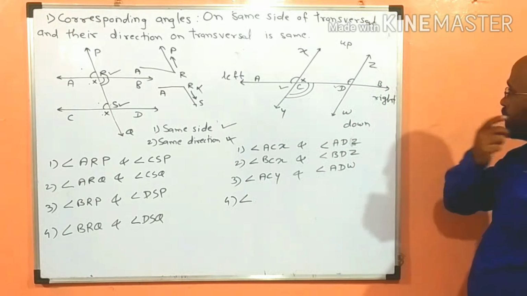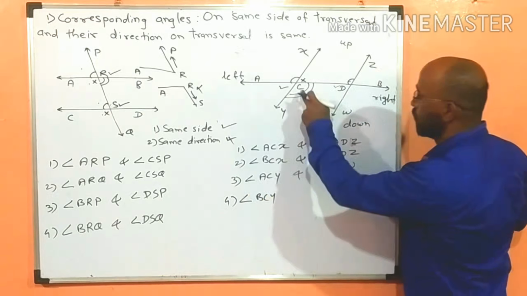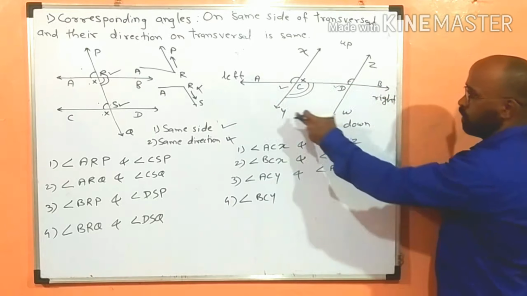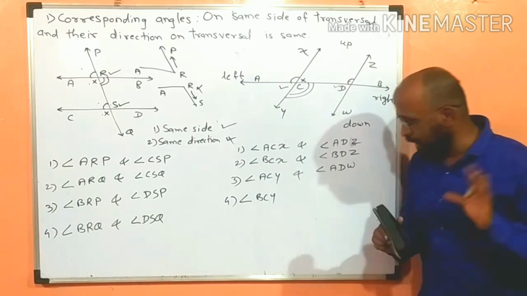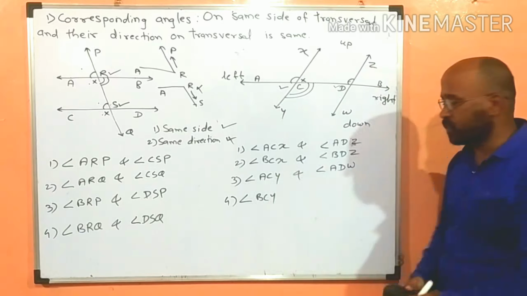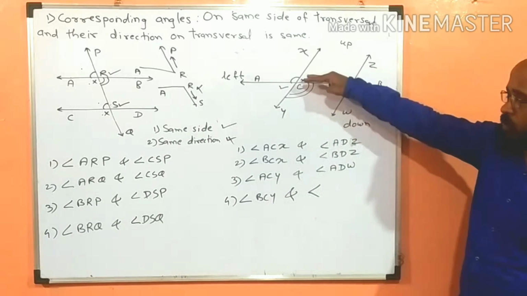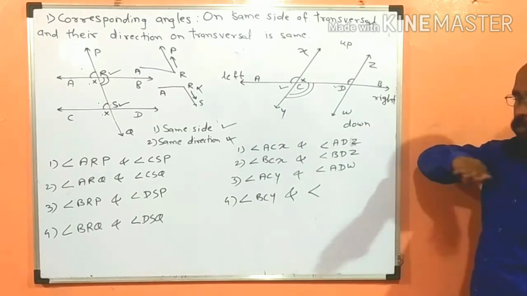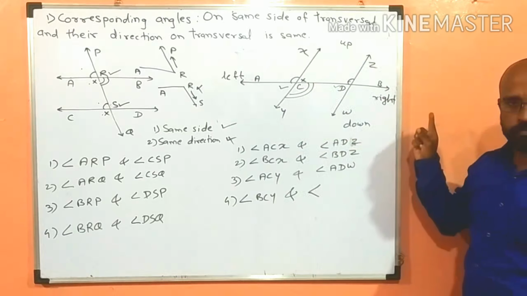This angle is angle BCY. You can name it as DCY also, or CYD also, or CYB also. That all of you know. Clear? So next angle is angle BCY, and we have to find its corresponding angle. Naturally, at the downside of the transversal, it has two arms, CY and CB.